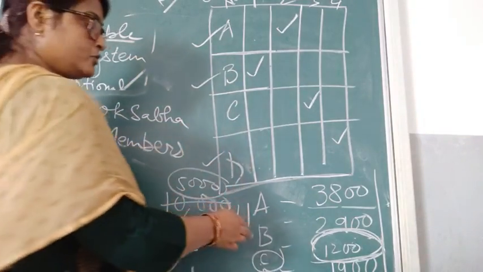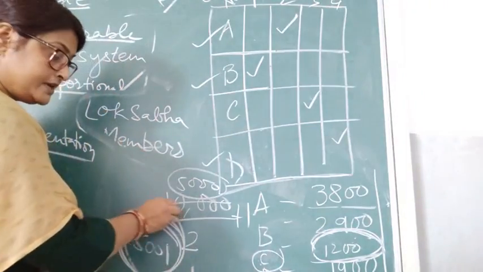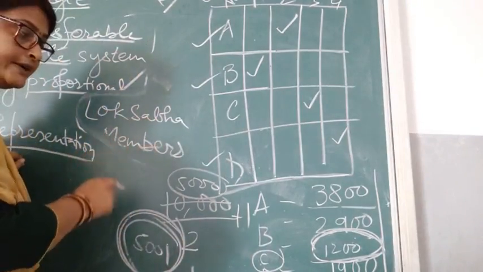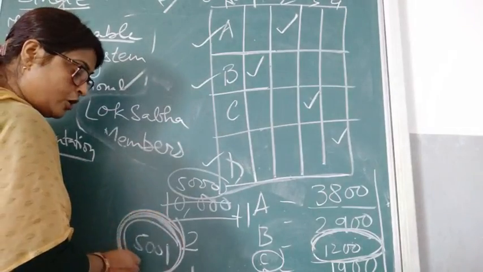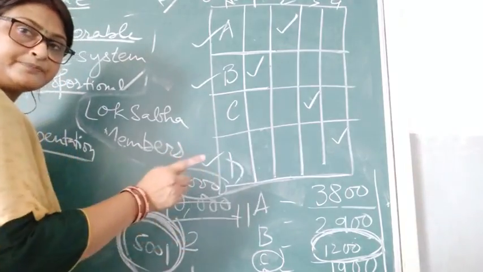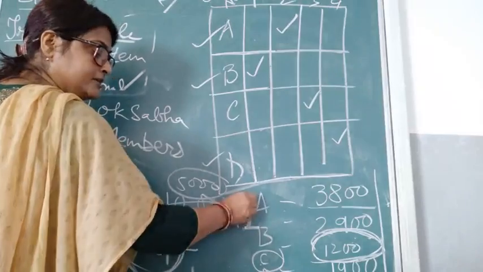Right? So, until one obtains this, he or she will not be elected as the President of India. So, one has to obtain this quota. This is called quota, 50% plus 1. Okay? Means it will have to get one more.